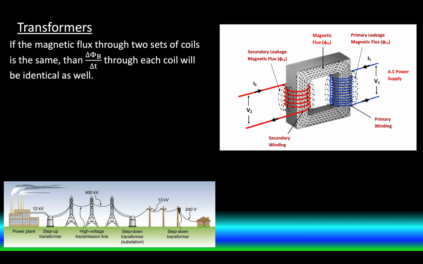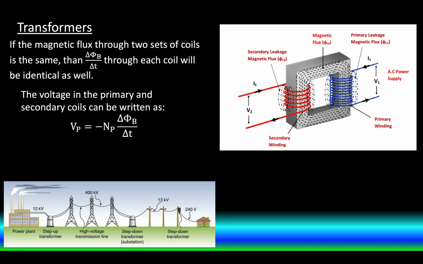The voltage that is responsible for the AC current flowing through the first solenoid is known as the primary voltage. The primary voltage is related to the rate of change of magnetic flux with respect to time through the first solenoid by this equation. Here, NP is the number of loops of the first solenoid. As discussed previously, the induced voltage in the second solenoid can be given by this equation where NS is the number of loops in the second solenoid.